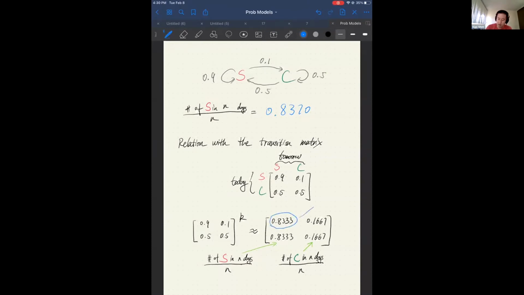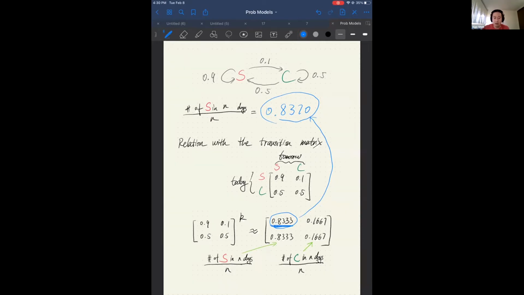But another thing to notice is it's quite close to this number. In our simulation, the n we chose was 10,000, right? If we increase n further and further, the number that we get from our simulation will be closer and closer to 0.8333.